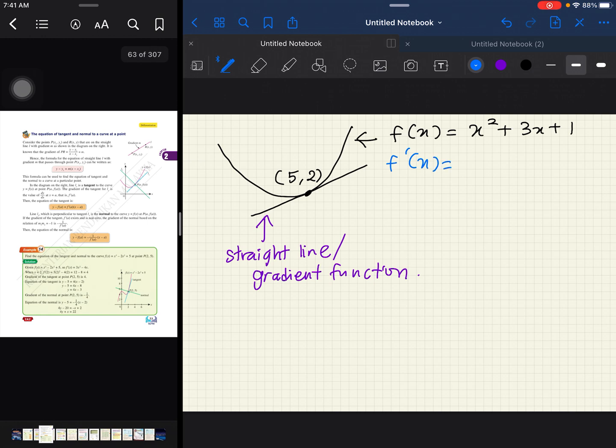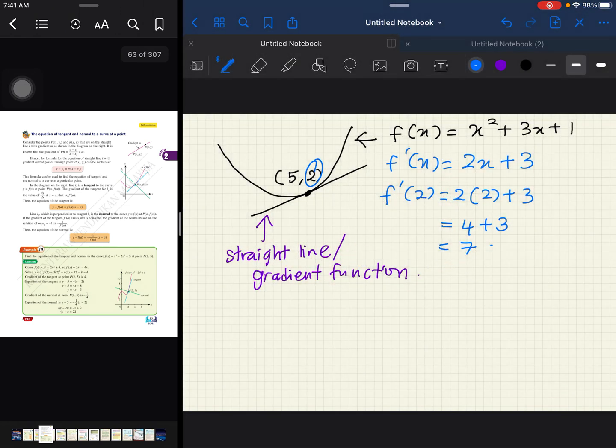So, f prime x sama dengan 2x tambah 3. Okay? So, bila dah dapat 2x tambah 3, so, kita masukkan x kita tadi. x kita berada di mana? 2. So, masukkan dalam 2. So, kita dapat 4 tambah 3 iaitu 7.